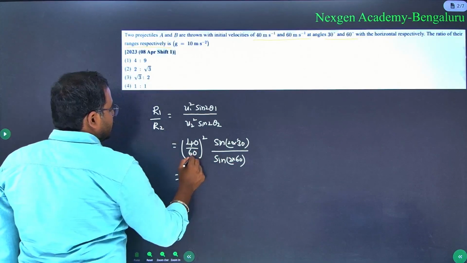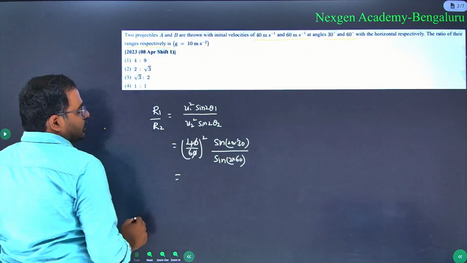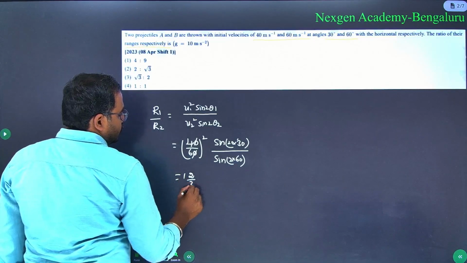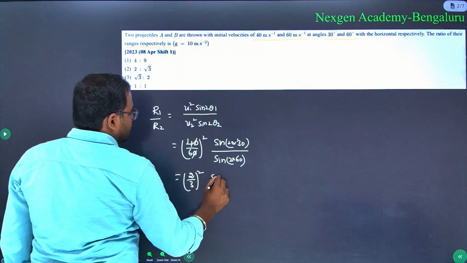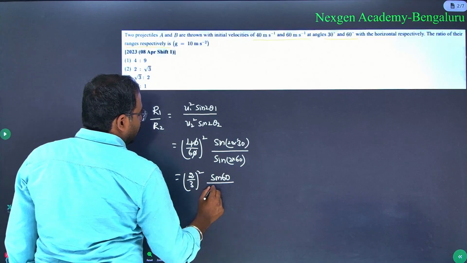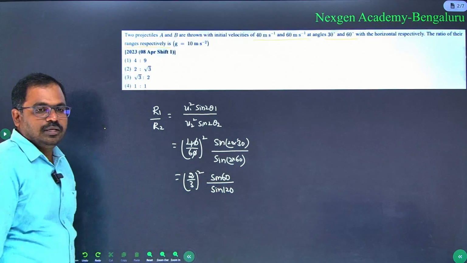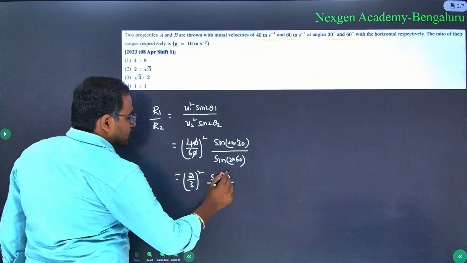The zeros cancel, it becomes 2 by 3 whole square, and sine 60 by sine 120.